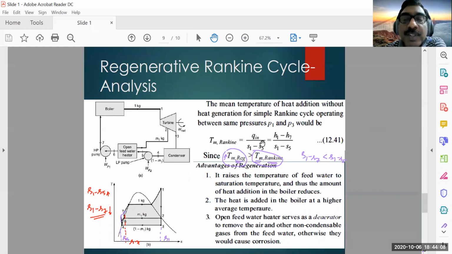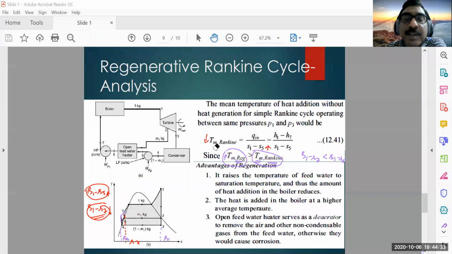Similarly, if this quantity is higher, this quantity will be lower. Okay, so if this increases, this decreases. Because this one is greater than this one, the mean temperature of heat addition of the Rankine cycle is less than the mean temperature of heat addition of the regenerative cycle.